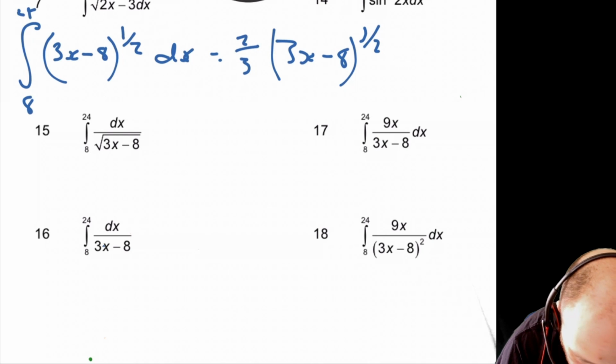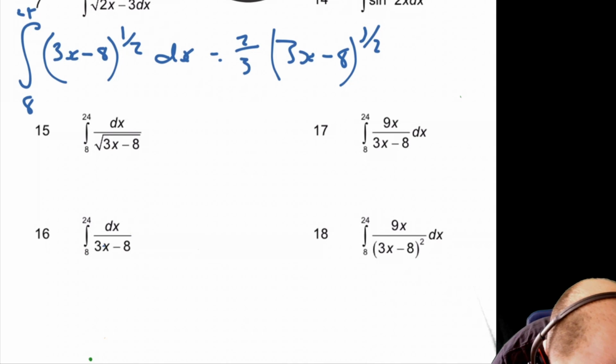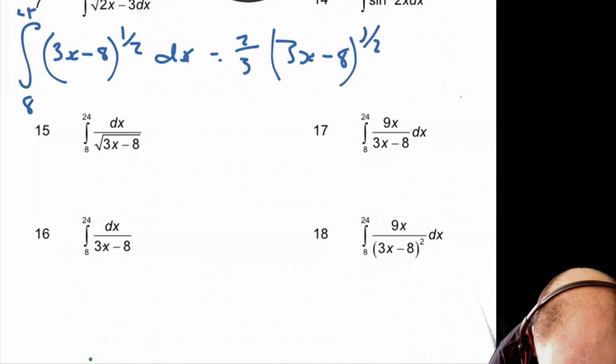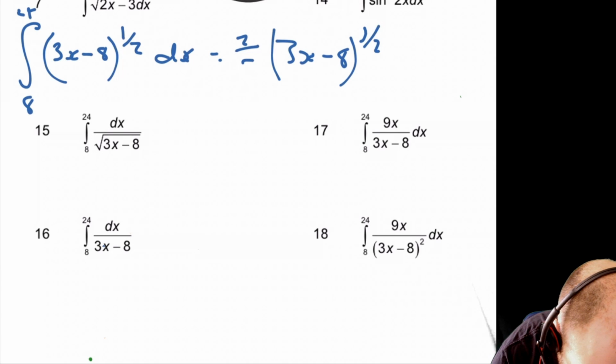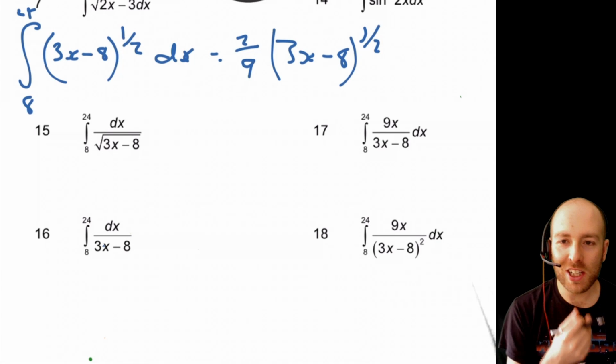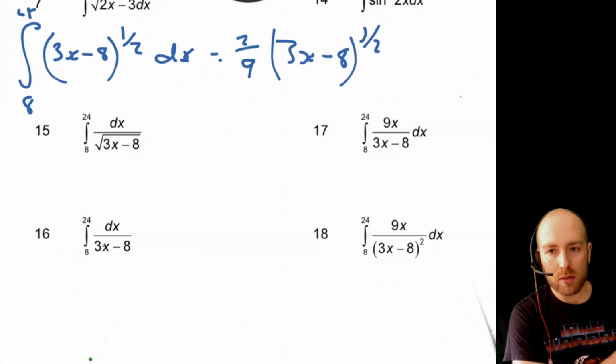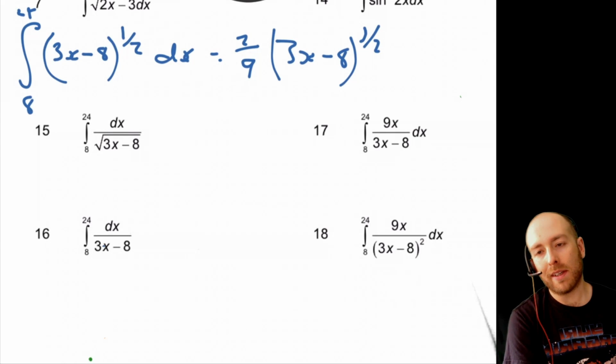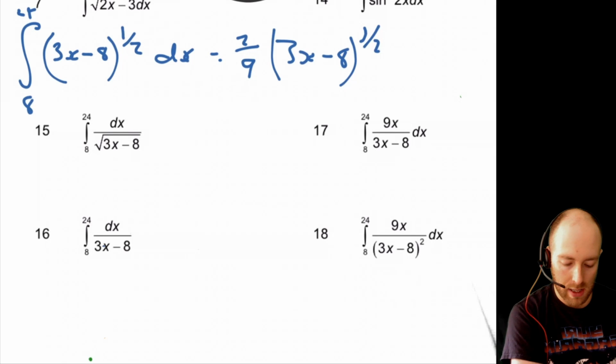There'd also be a 3 come out. So if we differentiate this, we get 3 come out the front, we get that bit come down to get rid of that. So we need to have a 9 on the bottom there. And you can kind of see that the 3 over 2 will come down, the 3 will come out as well, so we have 9 over 2. We need to get rid of 9 over 2, so we need 2/9 there.